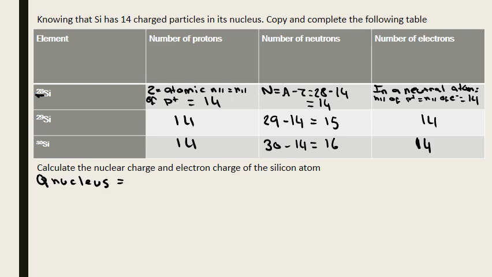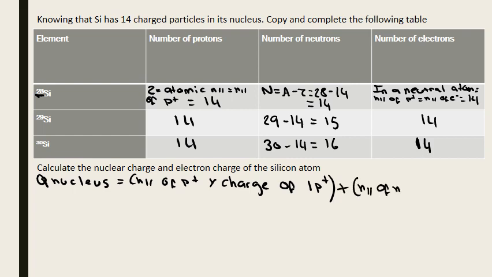The nucleus contains protons and neutrons, so it's the number of protons times charge of one proton plus number of neutrons times charge of one neutron.